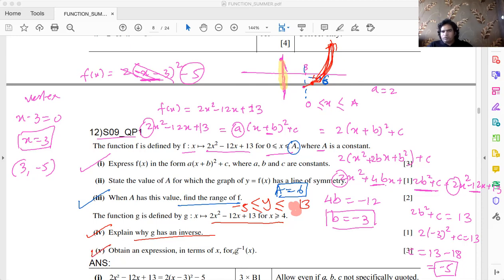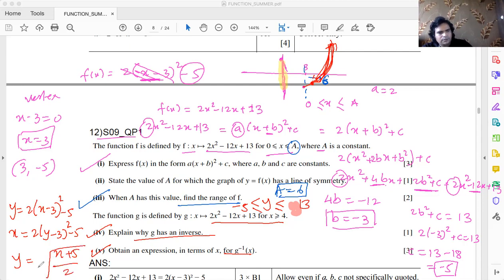Obtain an expression for the inverse function. We're going to use the perfect squared form, which is y equals 2(x minus 3) the whole squared minus 5. Interchange x with y, so x equals 2(y minus 3) the whole squared minus 5. Make y the subject, which will be y equals 3 plus or minus the square root of (x plus 5) over 2.